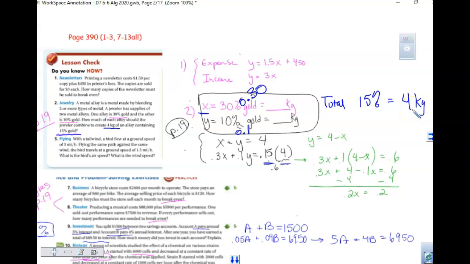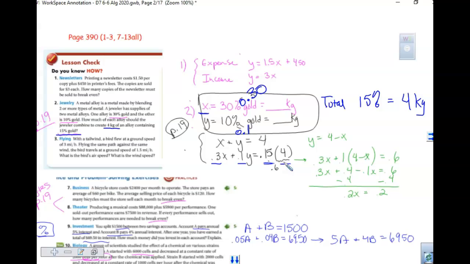So we look at number 2, and the first equation is how much we have. So this is the total: we have 4 kilograms. The next one is taking the 0.3, 30%, times x, since we don't know how much of this. Then it's 0.1 times y. Then it's 15%, and you have to take it times the 4.